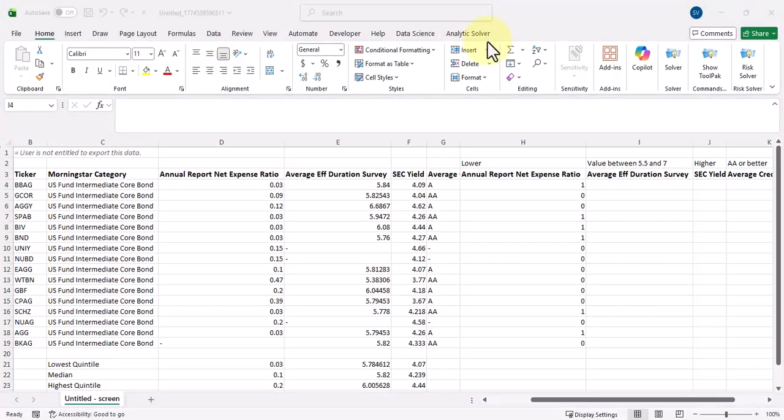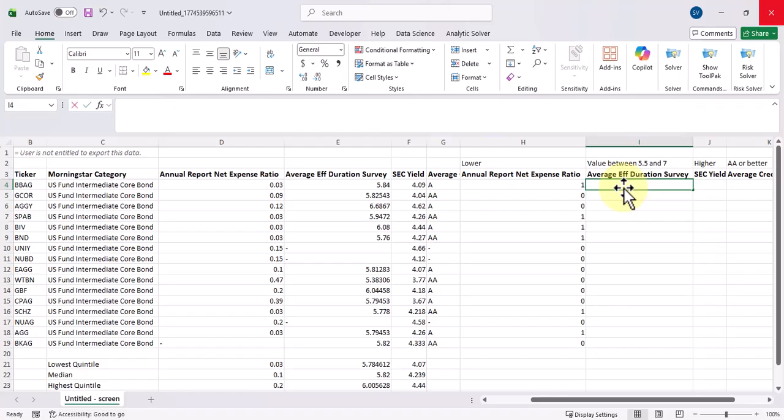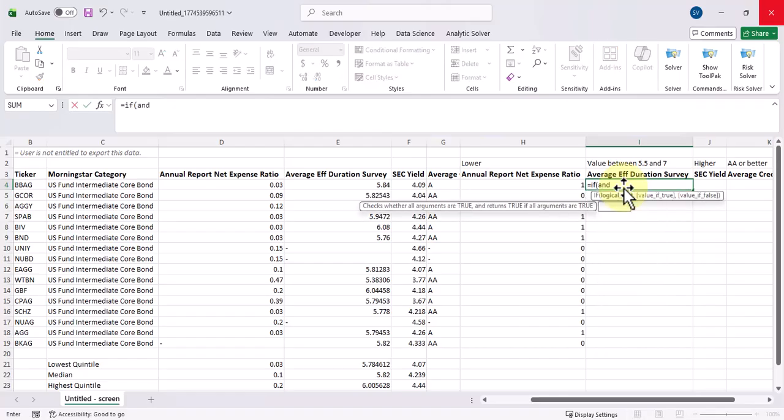So in this case, I'm going to use the IF and AND function to find out if it's between my two values. So I'm going to put an equals IF, and I want to know if the value in the average effective duration is greater than 5.5, comma, and if the value in E4 is less than 7, close parentheses.